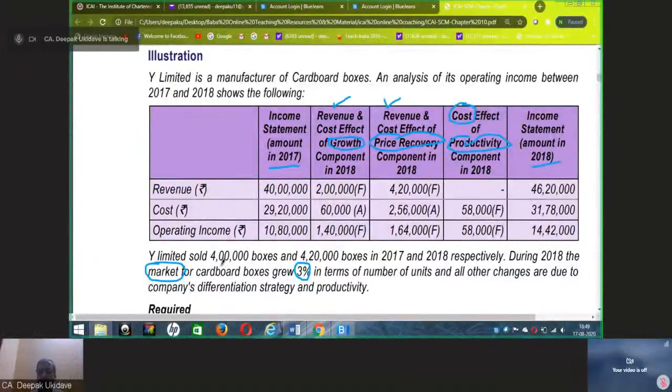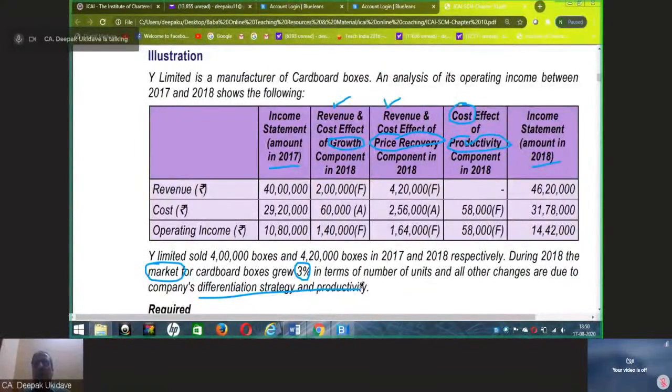And all other changes are due to the company's differentiation strategy, that is product differentiation strategy, and productivity. So it could be cost leadership, it could be product differentiation, it could be efficiency in operation, that is productivity, any of these strategies. But 3% is the market growth. That means it is market size. All of you understand? It is market growth, that is market size.